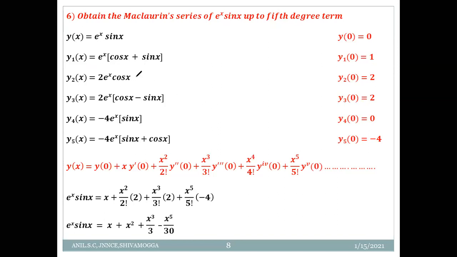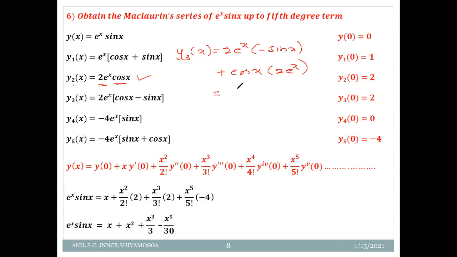To find y3, differentiate y2 with respect to x. Here 2 into e power x is the first function and cos x is the second function. Derivative of y2 is y3. y3 of x is equal to 2 into e power x, the first function, keep it as this, and the derivative of cos x is minus sin x, plus second function cos x into derivative of 2 into e power x, which is 2 into e power x itself.